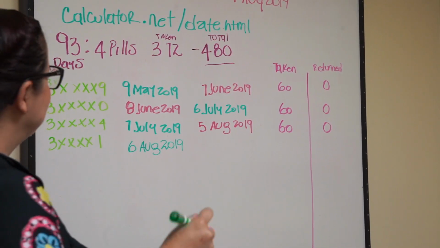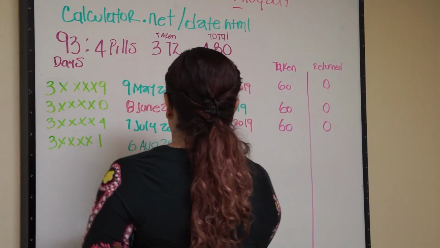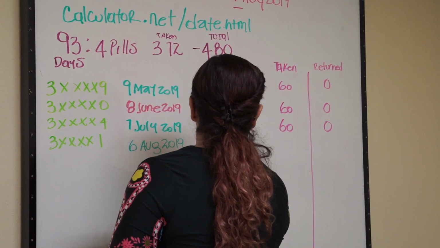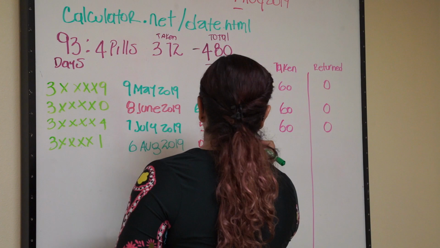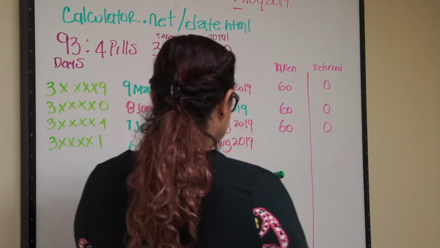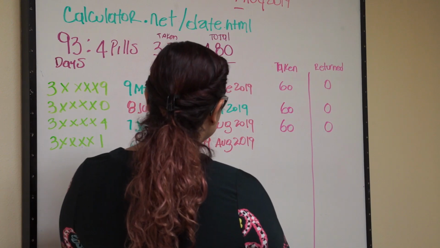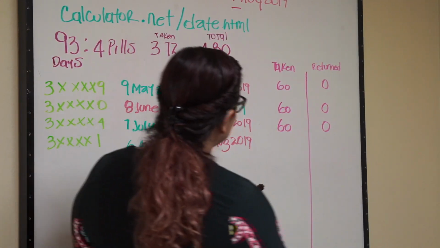Exactly. So it should be until the day of the visit. So it's 09 August 2019. It's fine. It can be like that. Okay, and then 60.